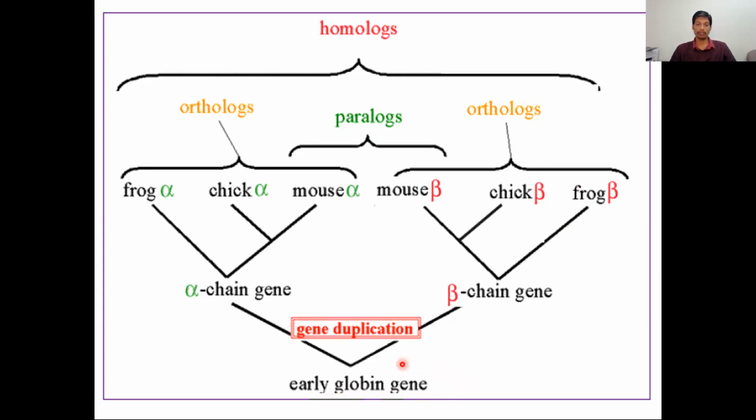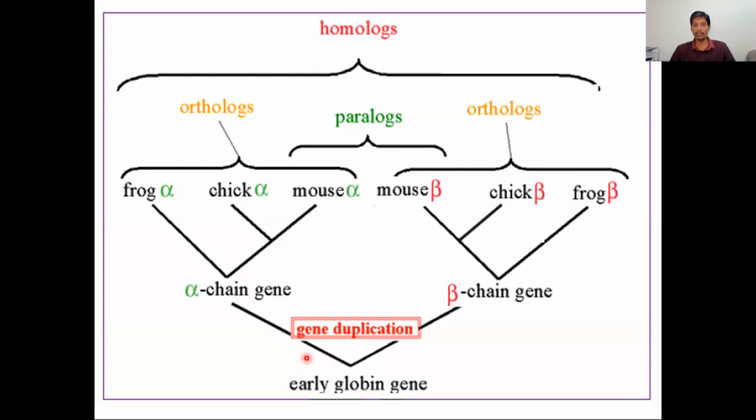In our early ancestor, the globin gene was only one, and somehow it got duplicated due to different reasons, due to some jumping genes, and it became two different genes with some differences. As it evolved, they would have some mutations, and those mutations would be passed to the next generations.